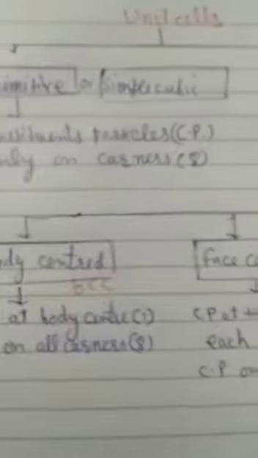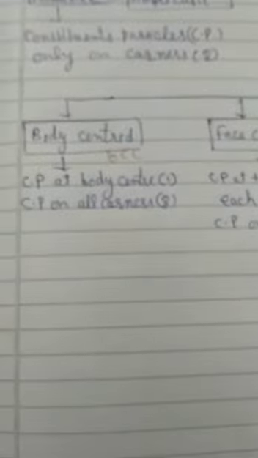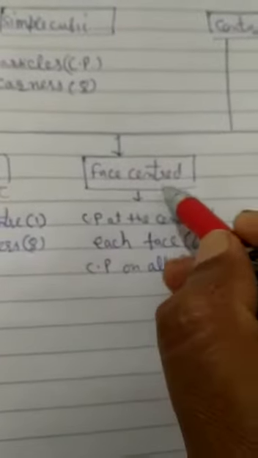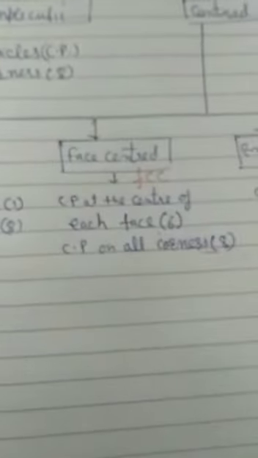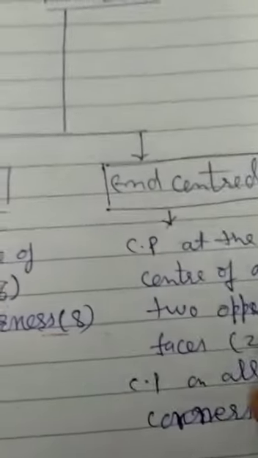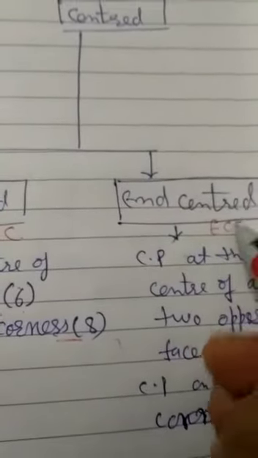Let us repeat again this. Unit cells are broadly classified into two types: primitive or simple cubic, and centered. And centered is categorized into body centered, that is BCC, face centered, also called FCC unit cell, and end-centered unit cell, also called ECC.